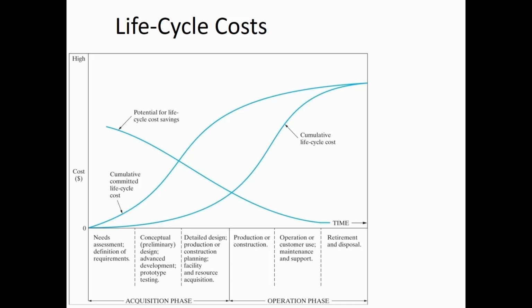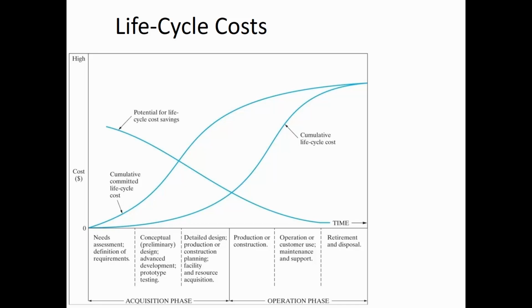The building is going to be repainted someday. They'll maybe put in fresh carpet once every decade or so. But there's not a lot of new expenses popping up in the operation phase. And in the retirement and disposal, maybe they implode the structure and haul it away for scrap. There are very few costs relative to the initial construction.